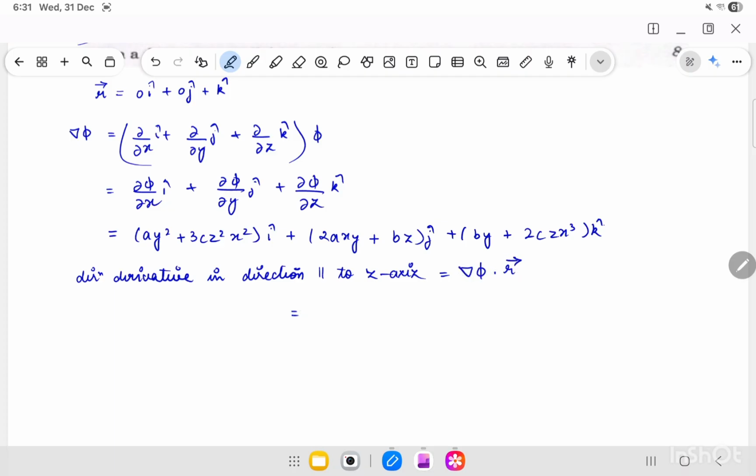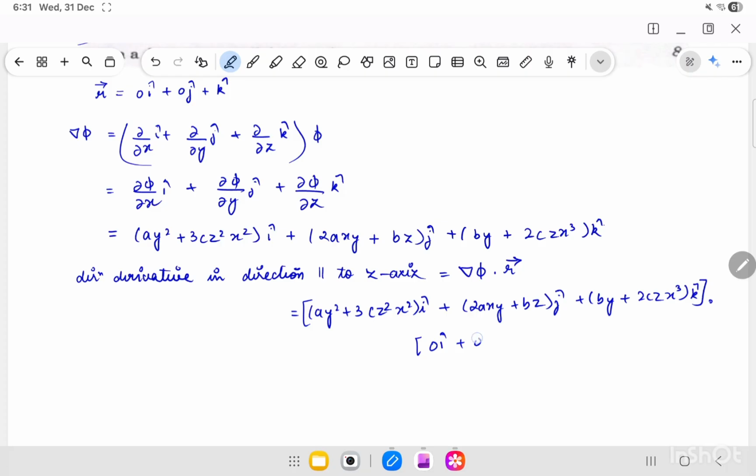So it will be a y square plus 3c z square x square i cap plus 2axy plus bz j cap plus by plus 2czx cube k cap, and its dot product with the direction, that is 0 i cap plus 0 j cap plus k cap.